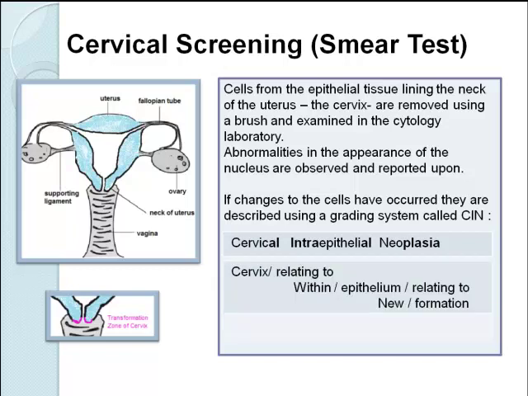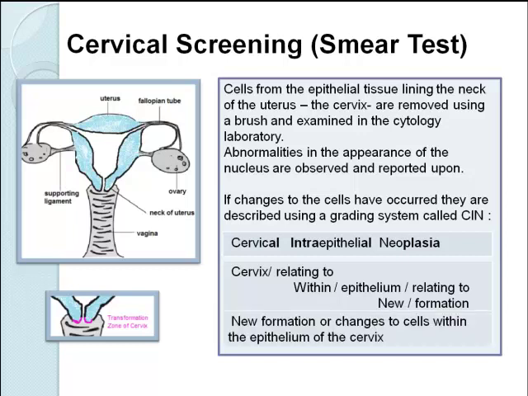So let's just recap that. Cervical relating to the cervix, intraepithelial within the epithelium, and neoplasia, new formation. Simply put, new formation or changes to cells within the epithelium of the cervix.